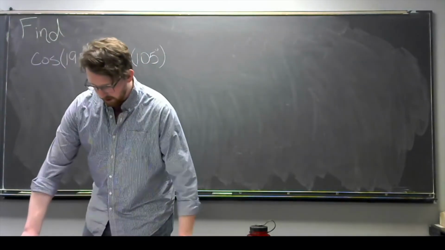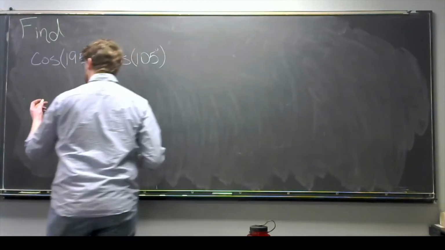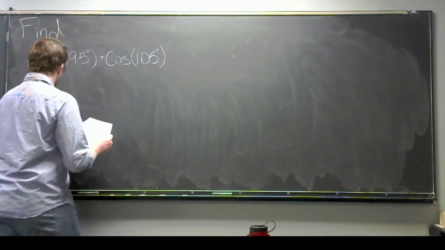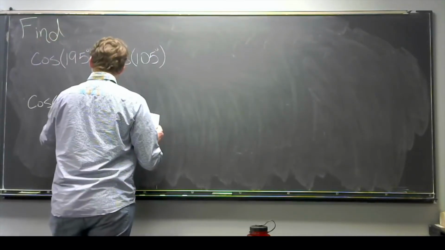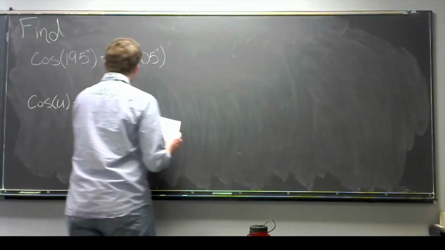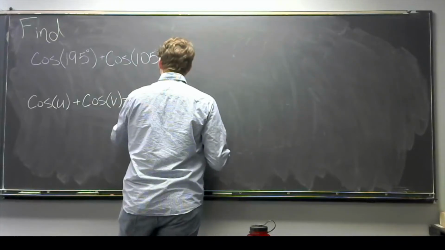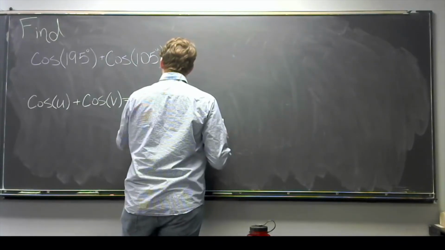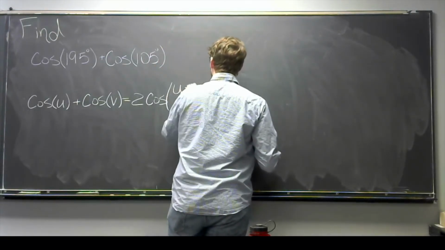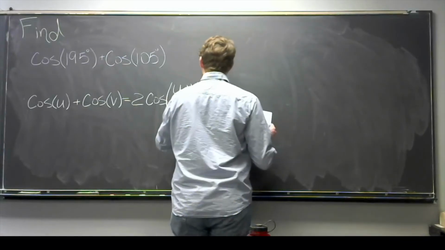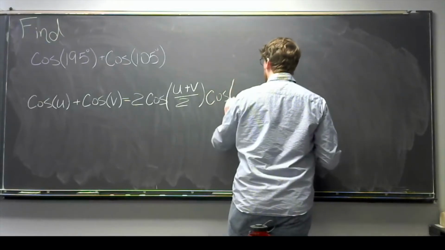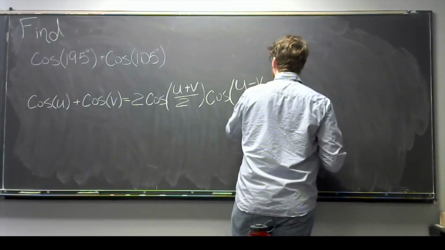That formula is the cosine of u plus the cosine of v is equal to 2 times the cosine of u plus v over 2 times the cosine of u minus v over 2.